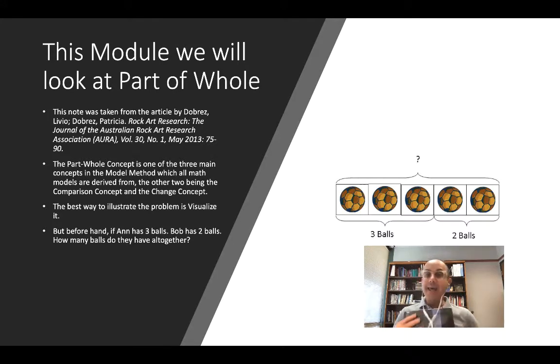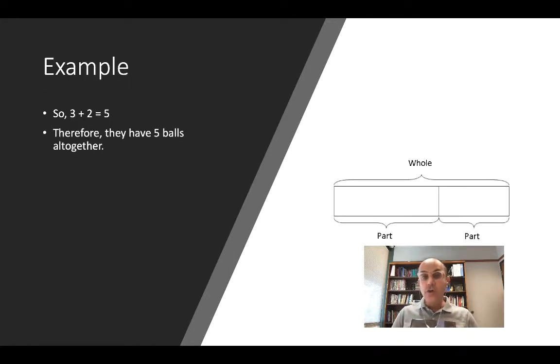So again, the idea of today's module is the idea of parts versus whole. You remember that we talked in descriptive statistics about how we can do averages and what they tell us. But one of the things in statistics is the idea of parts and how the parts reflect on the whole.